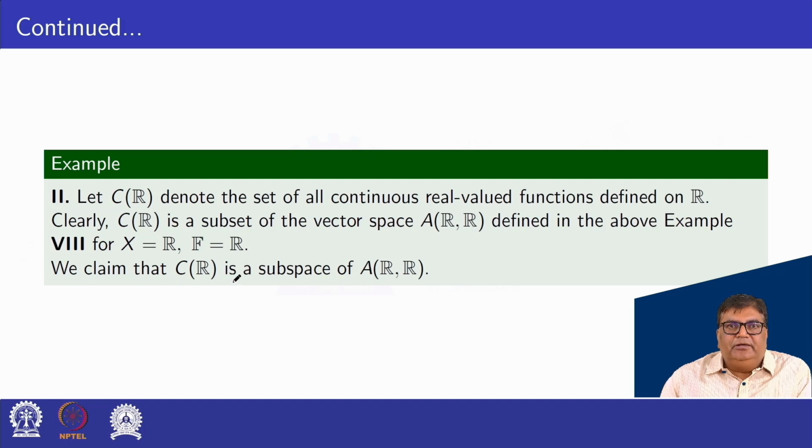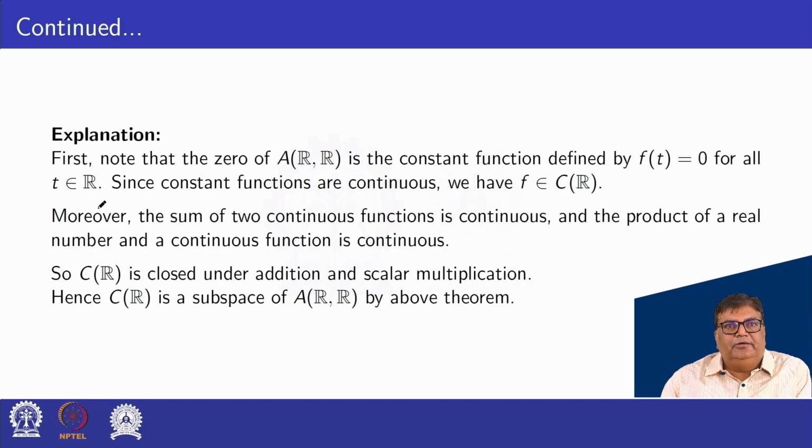We claim that C(R) is a subspace of A(R, R). Explanation. First note that the 0 of A(R, R) is the constant function defined by f(t) equal to 0 for all t belonging to R, because constant functions are continuous.